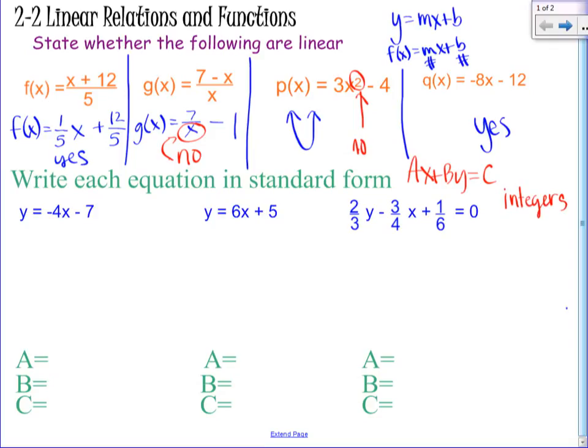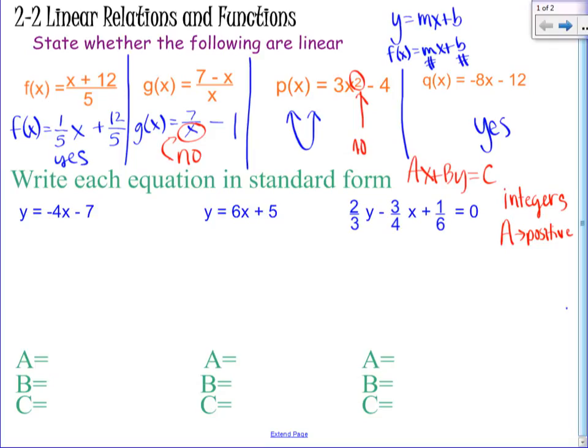Okay, so that means no what? What things aren't allowed if they have to be integers? Fractions, decimals, okay? Can there be positives and negatives if they're integers? Yes, okay. A has to be positive. Those are the rules. Okay, so we're going to do these.